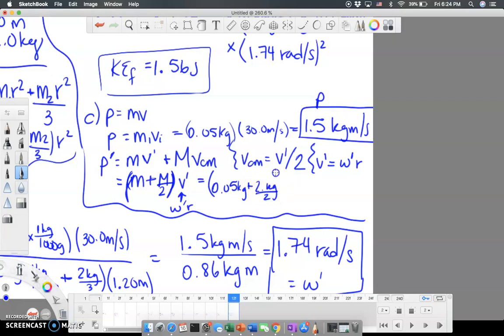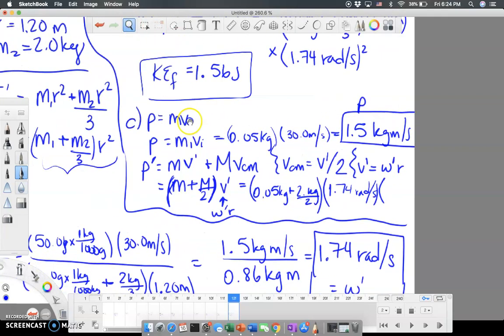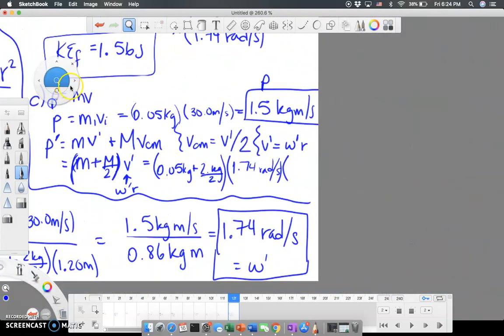And we're going to divide that by 2, and multiply by our final angular velocity, which is 1.74 radians per second, and times our radius, which is 1.2 meters.